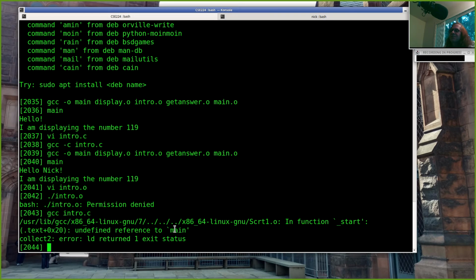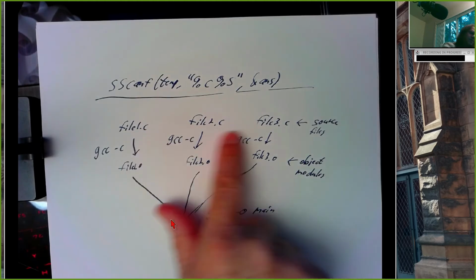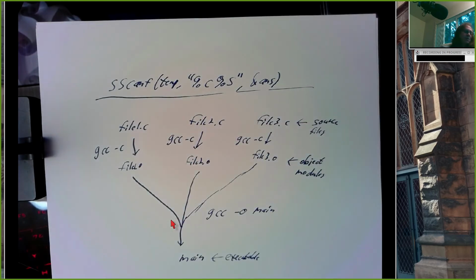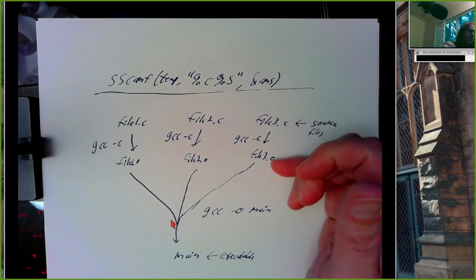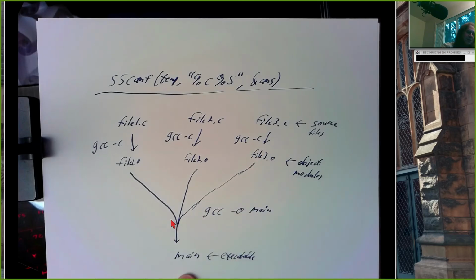And so it's saying undefined reference to main. So to make the executable, I need to compile all of the different pieces and then link them together. I can do that by just saying GCC each of these, but that's recompiling code that I may not have changed and don't need to recompile. So we do the first part of the compilation process. We get these objects, and then we link them together to make our executable program.